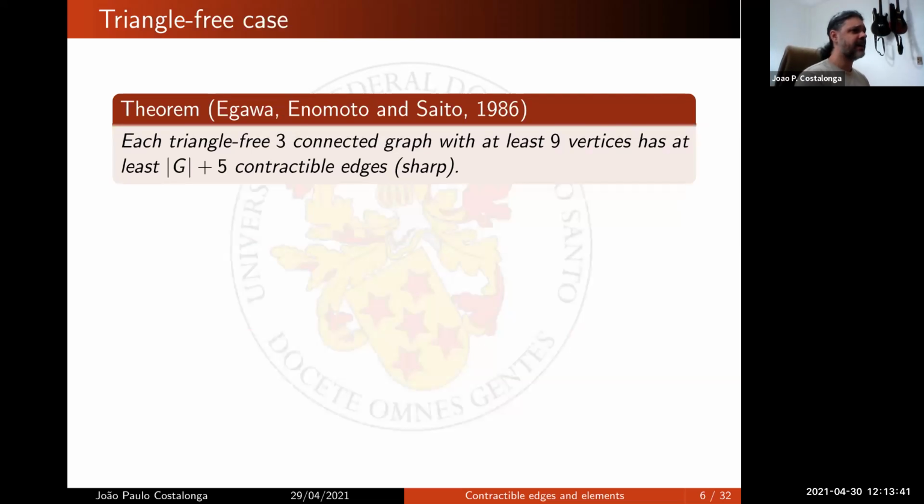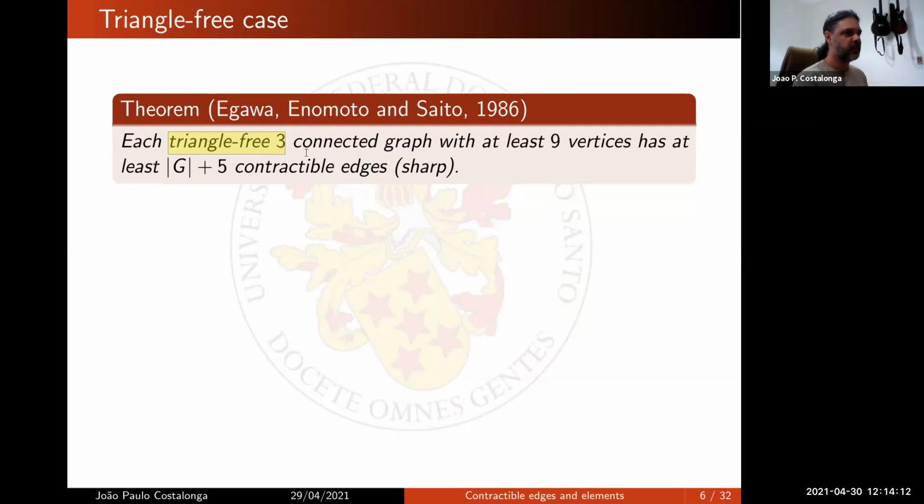Back at the triangle-free thing, each triangle-free three-connected graph with at least 9 vertices has at least the number of vertices plus 5 contractible edges, and this is a sharp result. This result is actually not only for three-connectivity, it's for k-connectivity. It's a stronger result, but we have this annoying triangle-free hypothesis.